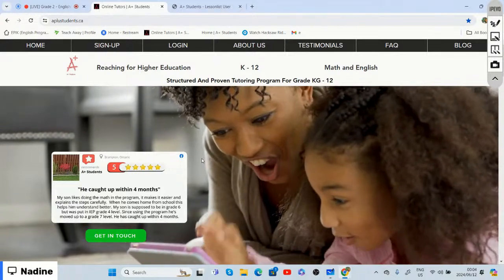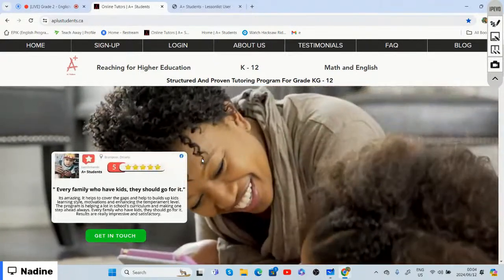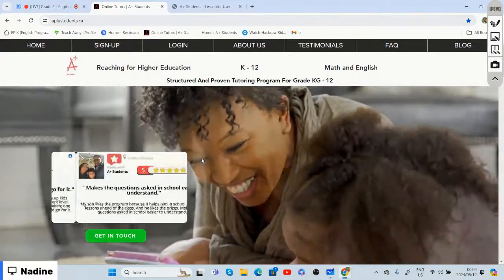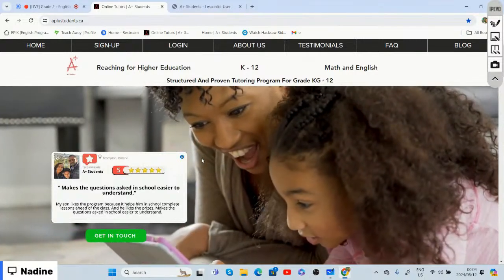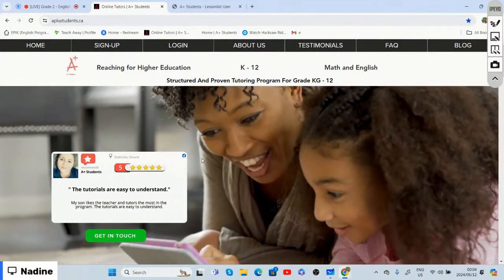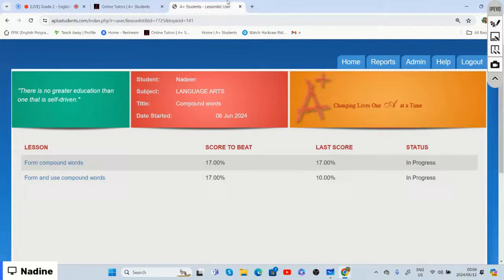We have chosen the subject of English Language Arts, grade 2. Then we're going to scroll down until we get to the chapter of compound words.